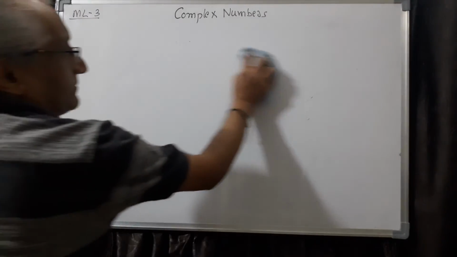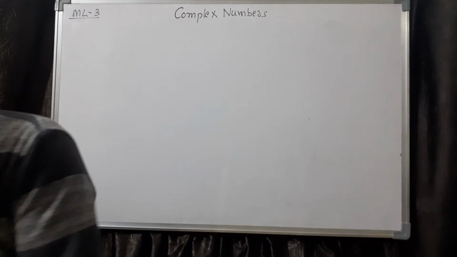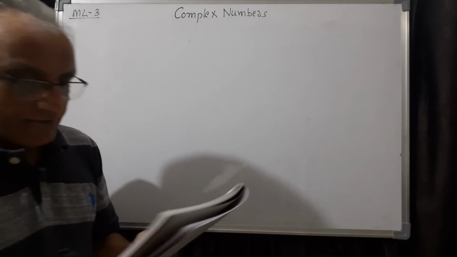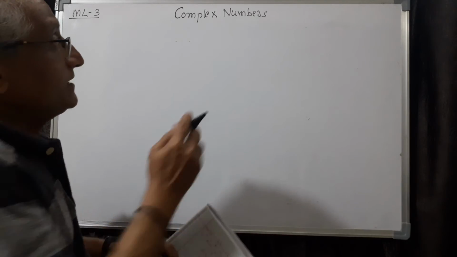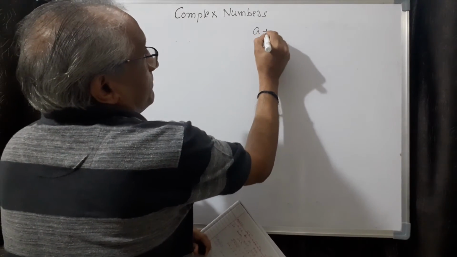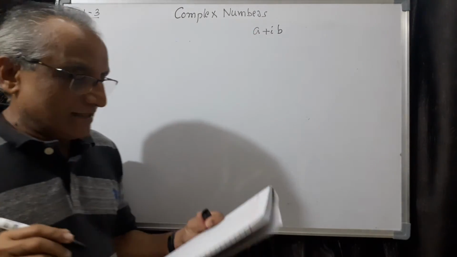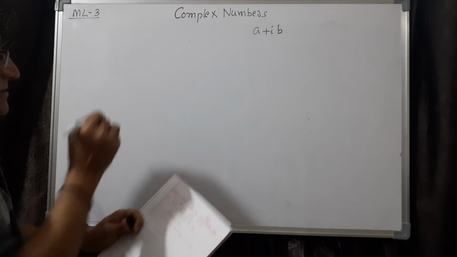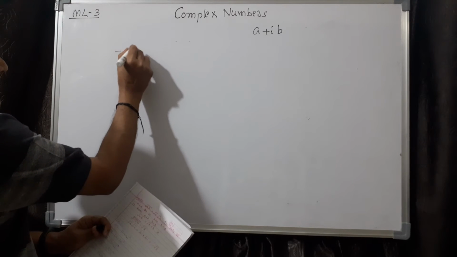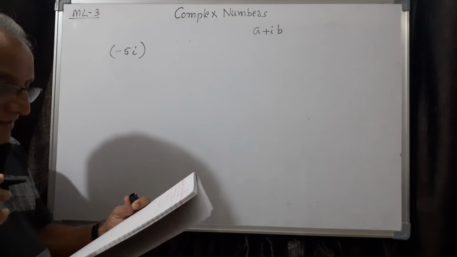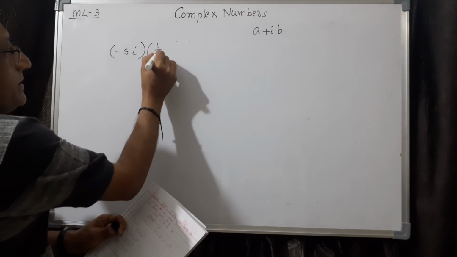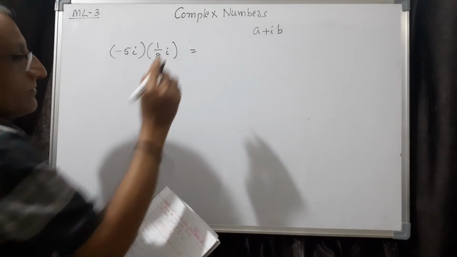Let us work out a few questions given in the textbook. Let us take, for example, write the following in the form of a plus ib. First question is this: minus 5i into 1 by 8i. We have to simplify.